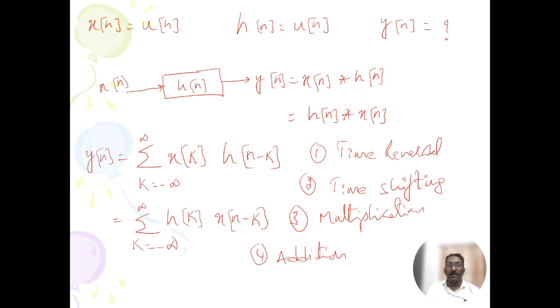So it depends upon our convenience. We have to keep one sequence constant. For the second sequence, you have to take the mirror image, that is nothing but the time reversal operation. The next step is you have to shift the sequence from minus infinity to plus infinity. At each and every stage you have to multiply both x of k and h of n minus k, or h of k and x of n minus k. Then finally you have to add to get one sample of y of n.